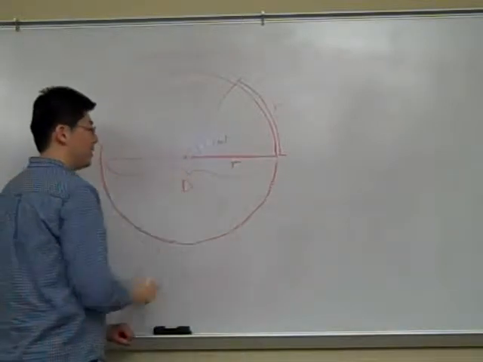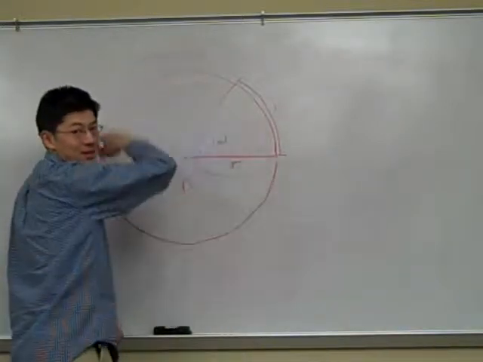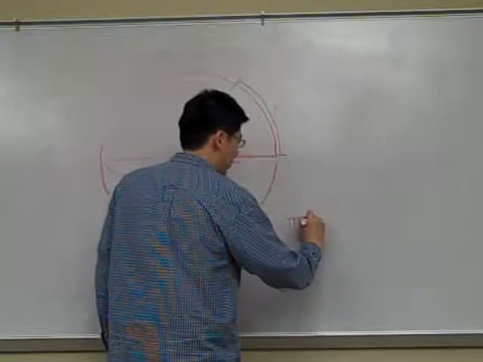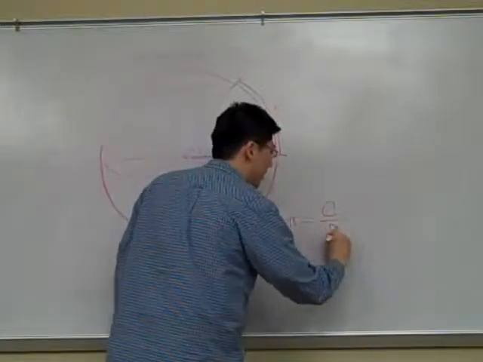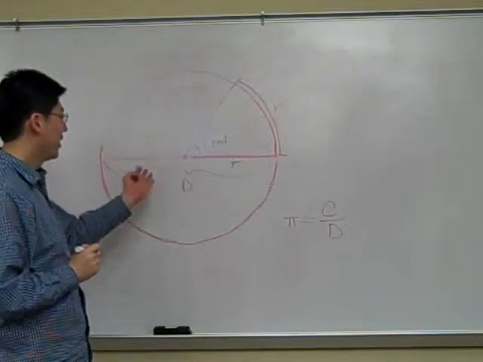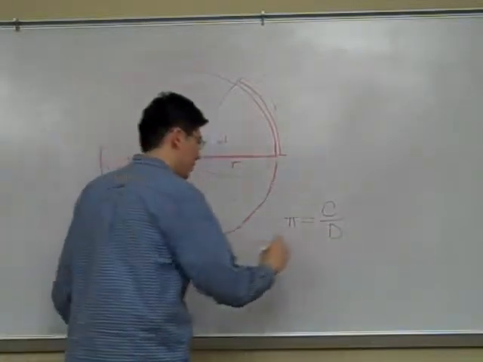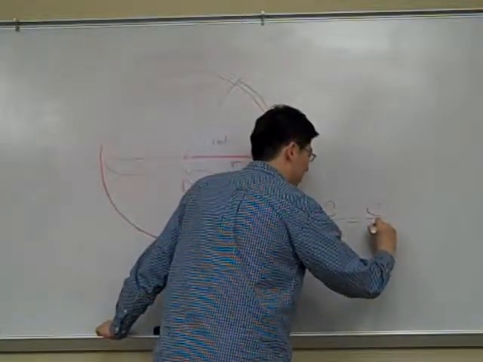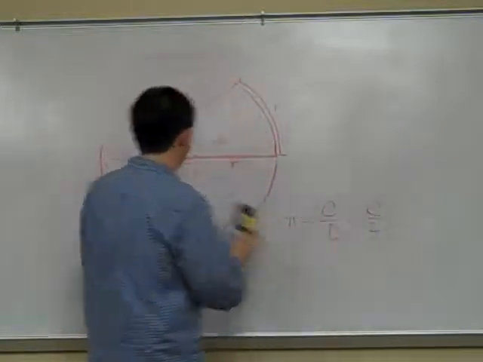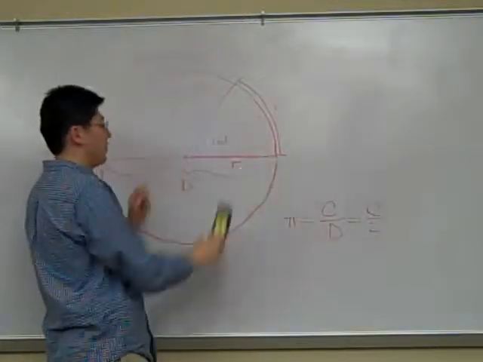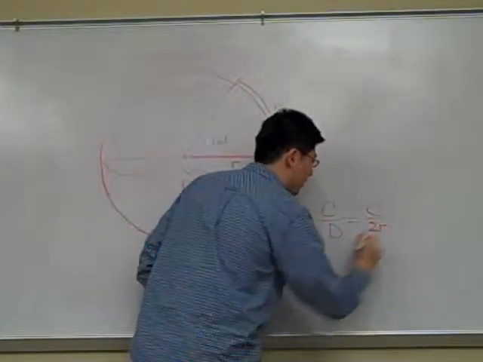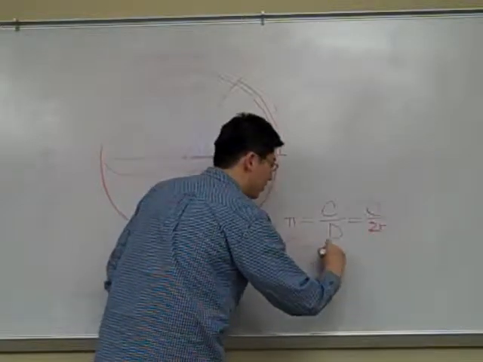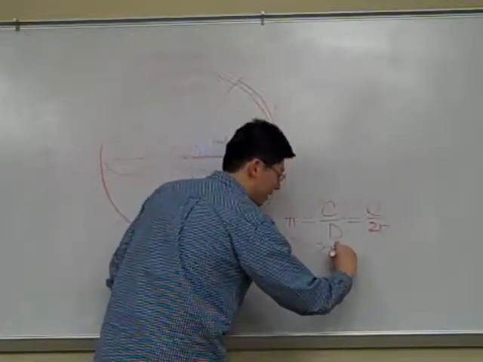And of course, the whole thing around is going to be the circumference, c. If you recall, pi was defined as the circumference divided by the diameter. The diameter d is 2 times r, so c divided by 2r equals pi, and multiplying both sides by 2r, we get that the circumference c is 2 pi times r.